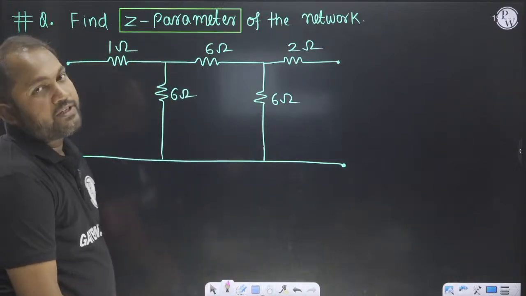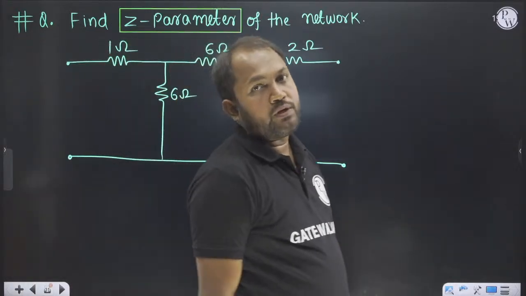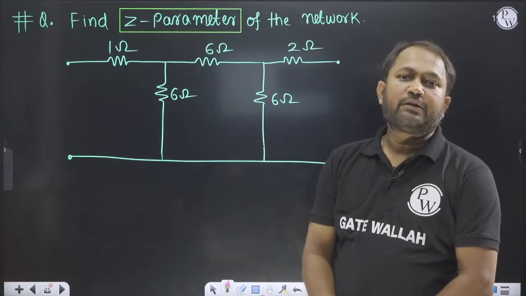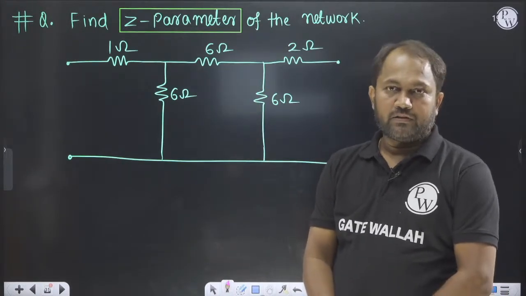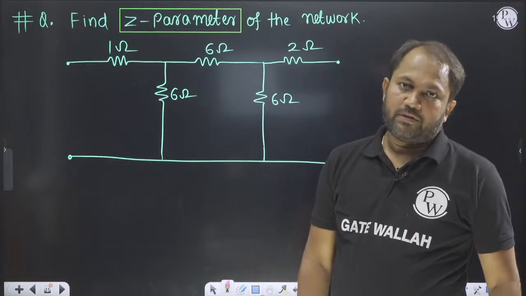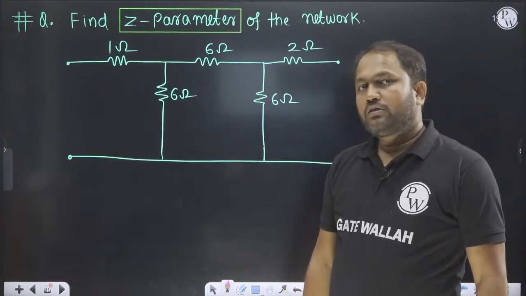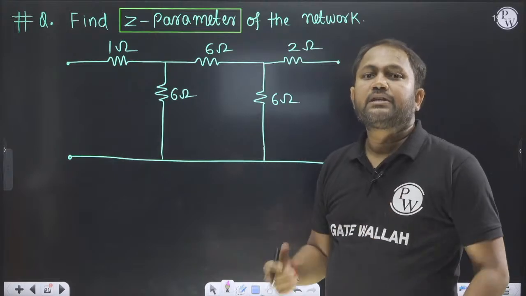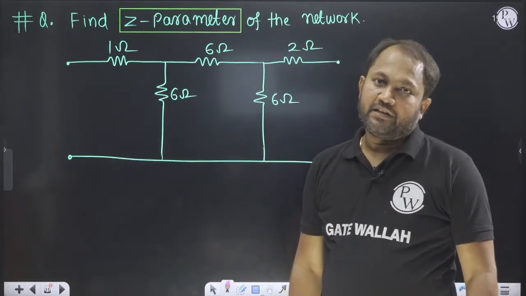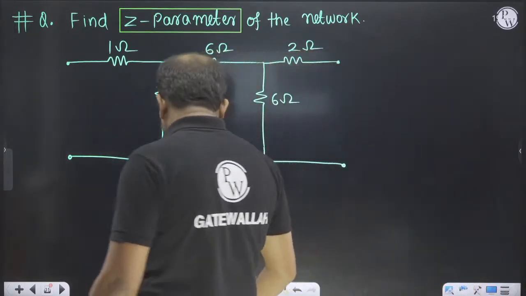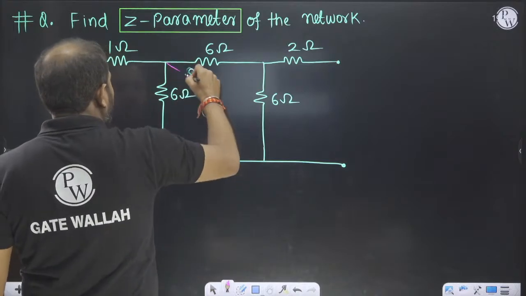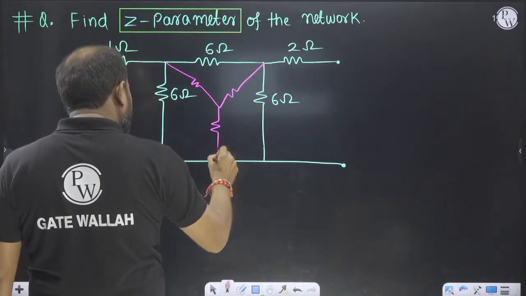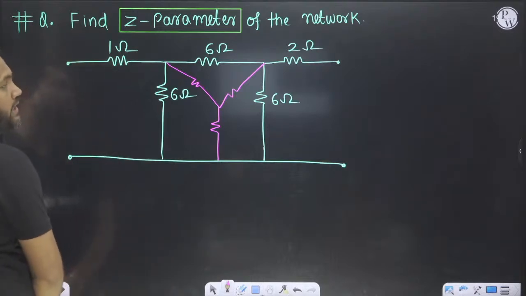For Z parameter, you have to do one thing: first of all this pi network should be converted into T network, and then you go for Z parameter. Or first of all you can solve by using the equation method. That will be very tough. So what I will do, I will convert this pi network into T network.